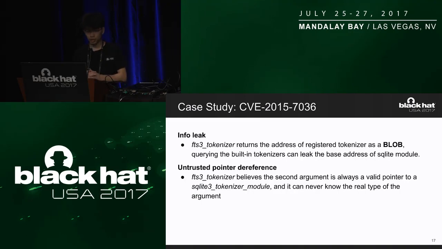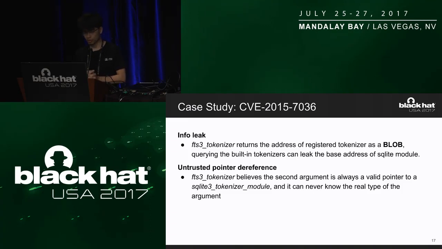To summarize the bug, it's a very powerful bug. First, it gives us the ability to leak the address information. It returns the built-in tokenizer, and it leaks the base address of the SQLite module. It also dereferences any untrusted pointer.